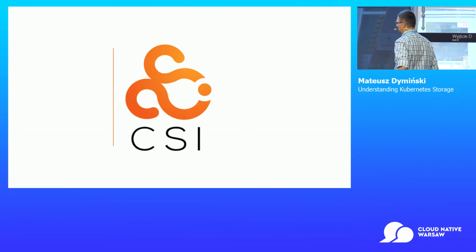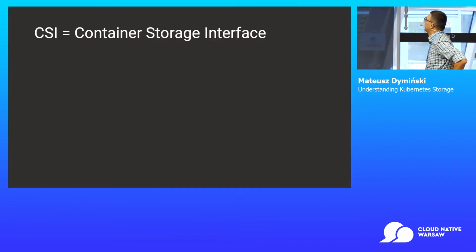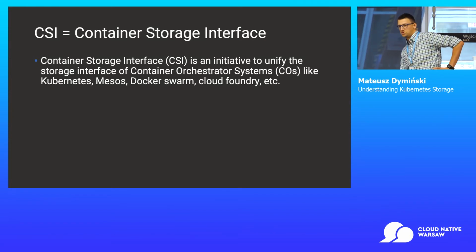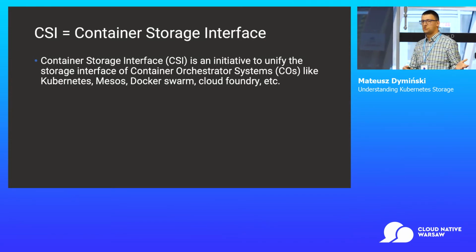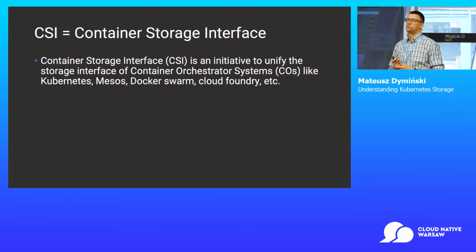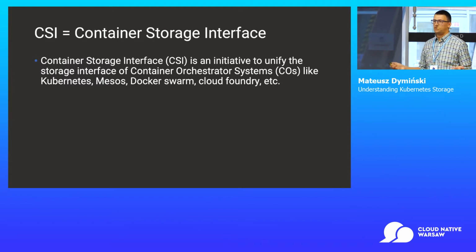The CSI is not a crime scene something, like a TV series, but it's the Container Storage Interface. So what is that? People from Mesos, Kubernetes, and other companies were all struggling with the same problem: they needed to order a Cinder volume or a Ceph volume or anything like that.